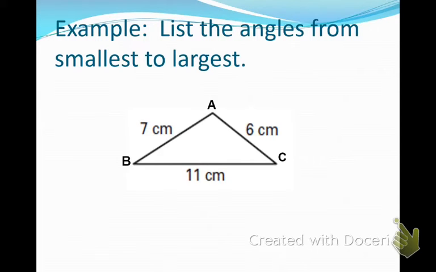It's across from 6. Yep, 6 is the shortest side, B is across from it. Smallest angle would be B, the middle angle would be C, it's across from 7, and then A is across from the longest side, so it would be last. Any questions? All right.